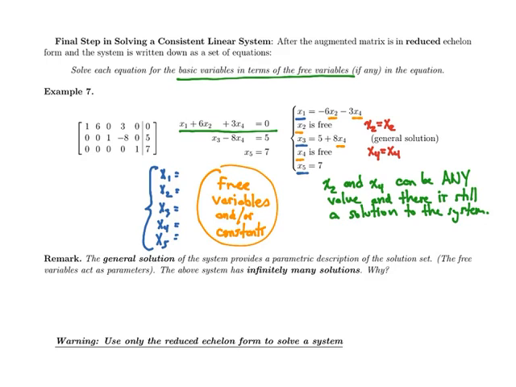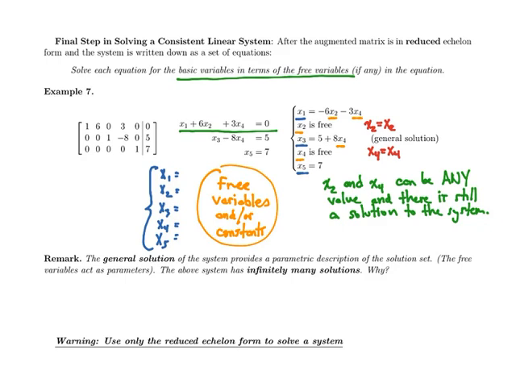That means that there are infinitely many solutions when we have a free variable. The free variables act as parameters. This is a parametric description of the solution set. The parameters can be any value, and when I pick a certain value, that gives me a new solution.